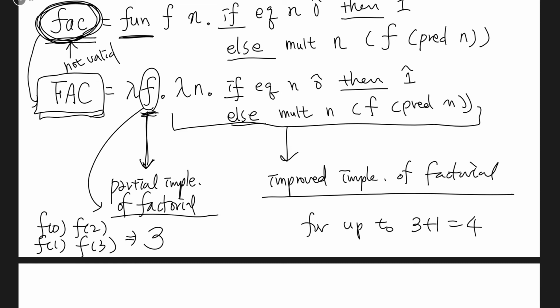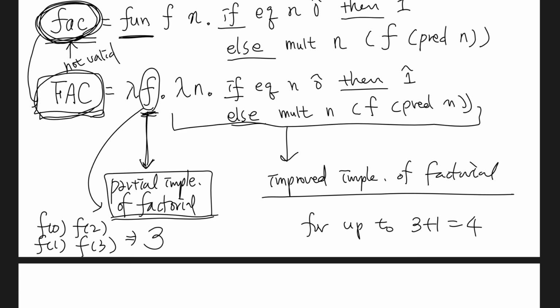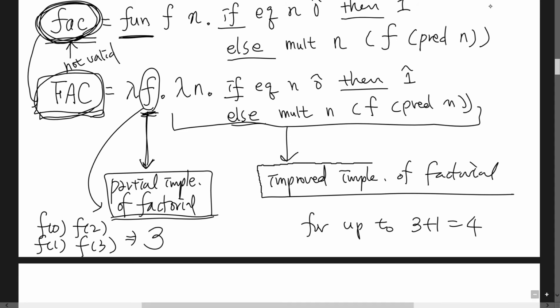So that's the interesting property of this capital factorial function. You provide as an argument a partial, approximate implementation of a factorial function. Then you always get back another, improved, new implementation of factorial, which is always better than this argument.